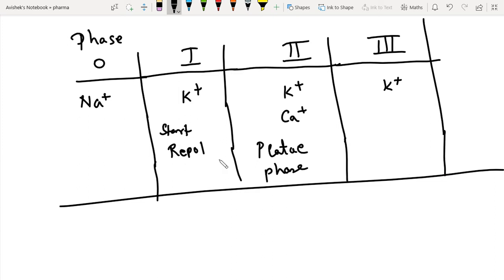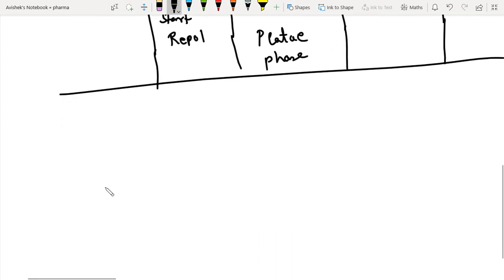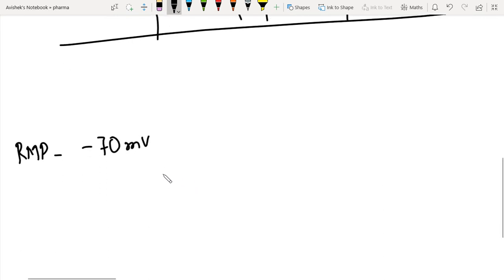Now this is an electric impulse. So how does the electric impulse go? RMP, resting membrane potential. Resting membrane potential of myocardium is minus 70 millivolt.